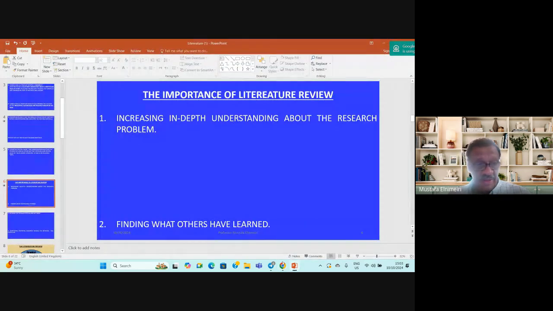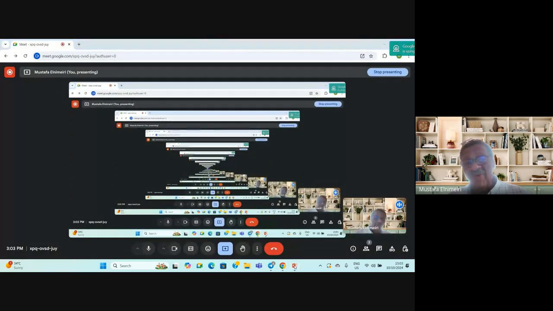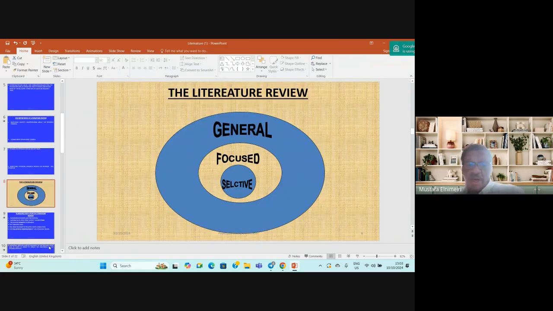It's also an approach of refining the research design and the methods, and it will help the investigator to identify potential research models or methods that can be used. Generally speaking, we can subdivide the literature review into three circles.